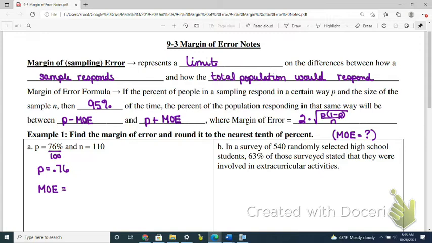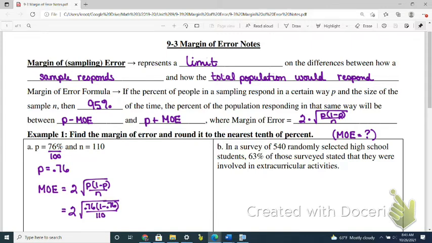So first thing we're going to do is write the formula. Margin of error equals 2 times the square root of P times 1 minus P all over N. Now we're going to plug in what I know. 2 times the square root of 0.76 times 1 minus 0.76 all over my sample size, which was 110.